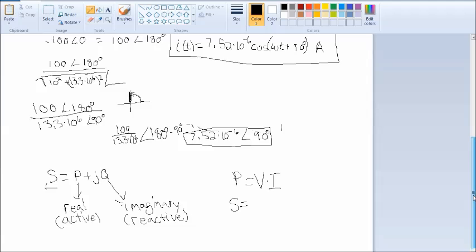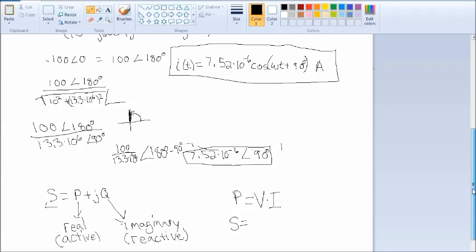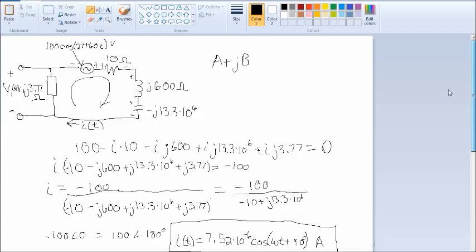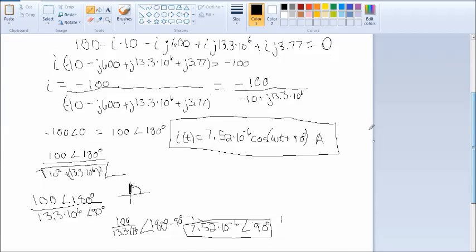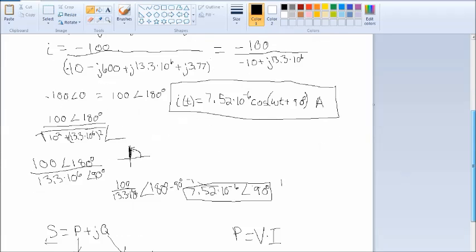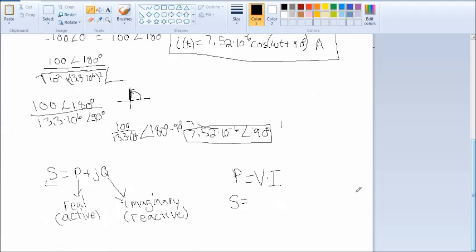I'll tell you what to do. You have the voltage. It's given to you. It's this 100 cosine 2 pi 60t. Put that in polar form, which we did. You have the current, which is right here. Put that in polar form, which we did. You multiply the voltage times the current.